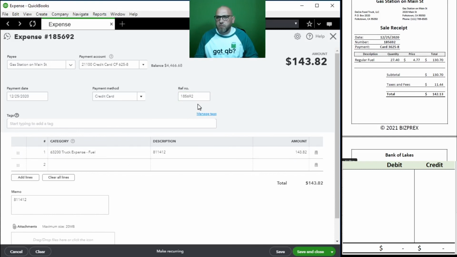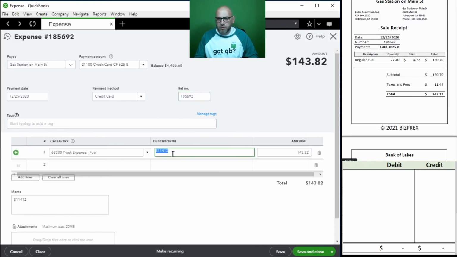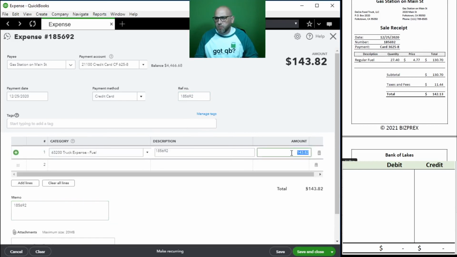Okay, fuel, good. Let's copy and paste. Okay, let's see what's happening behind the interface, right? Well, we can see both of them right here, but let's solidify it.